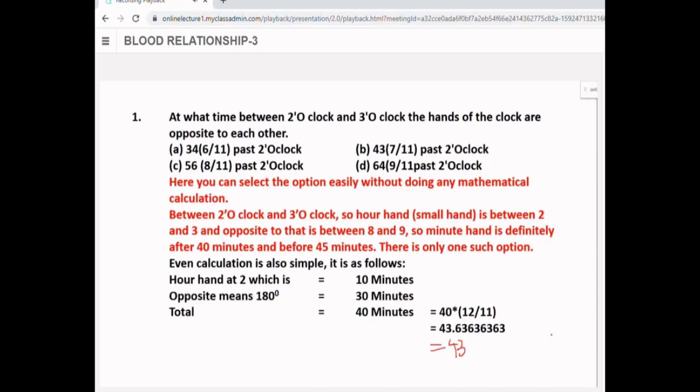Now say the table of 9 till you get 63. 7. So it is 7 upon 11. Denominator is always 11. So 43 and 7 upon 11. Everyone clear now? And then the final answer is 2.